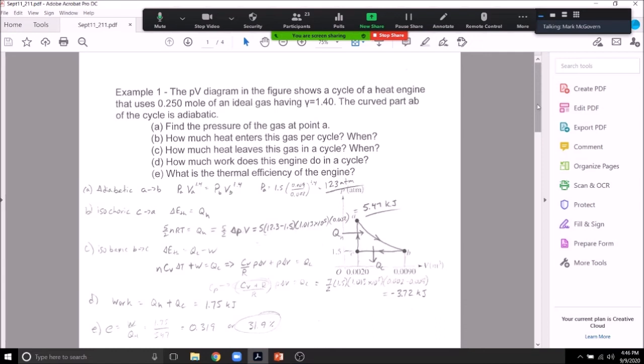The monatomic gas would have a 1.67, is what we said. So if you're not told your gamma value for your adiabatic process, you would know it based on what the working substance is. If it's air, that's diatomic, and that's 1.4 for your gamma value.